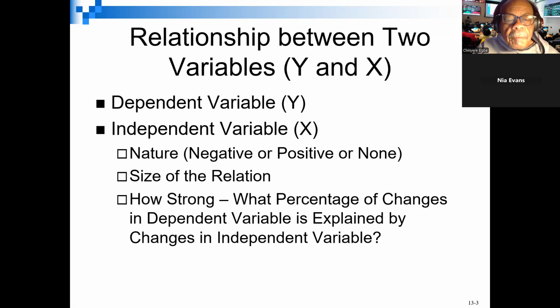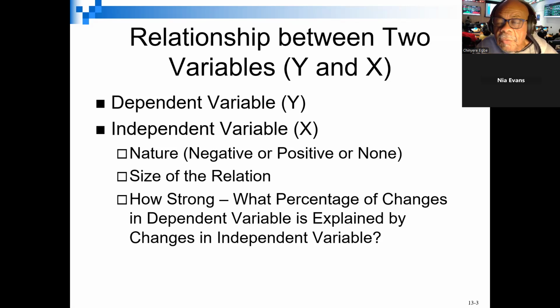Now, how strong is the relationship? That is measured by the percentage of changes in the dependent variable that is explained by changes in the independent variable. For example, think about how much gasoline your vehicle uses for each mile that you travel. For each mile, your gasoline decreases by 2 pints.